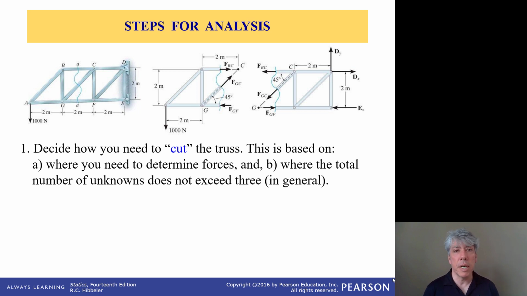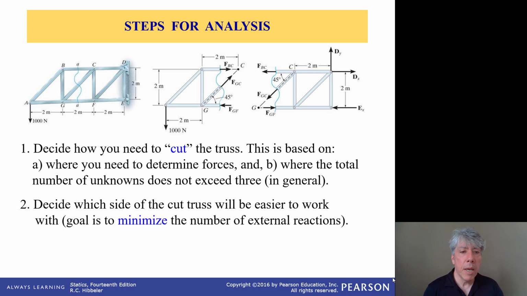Sometimes you have to take a cut because the equations work out very easily. And whatever cut you take, you can't end up with more than three unknowns, because we simply won't have adequate equations. At least in two dimensions, we won't have any more than three equations to solve for the unknowns. So the maximum number of unknowns should be at most three.